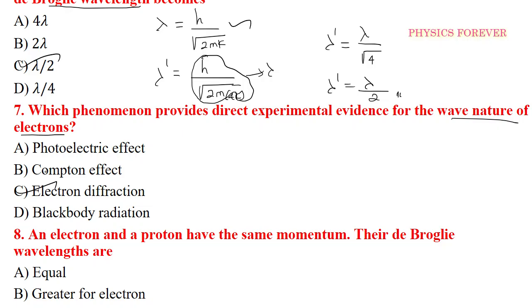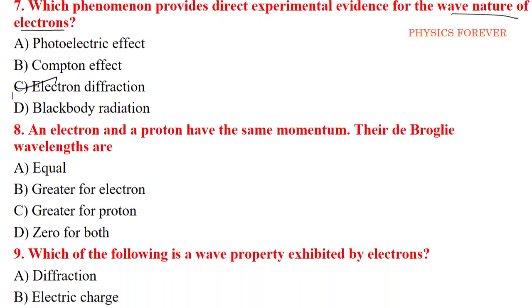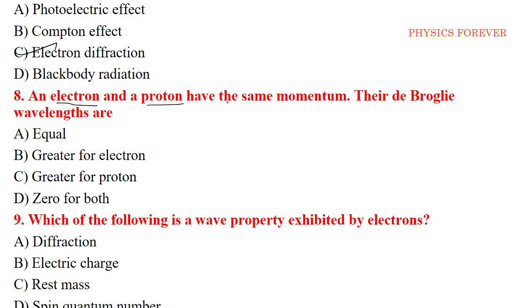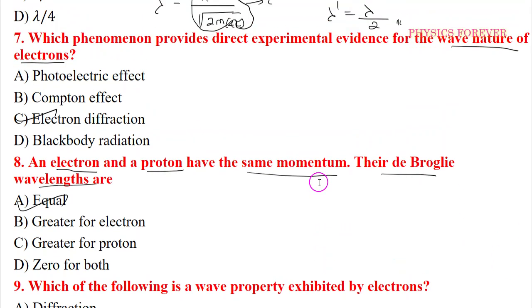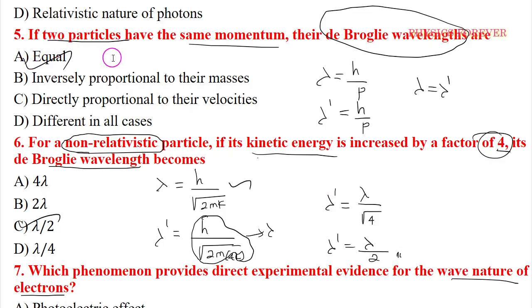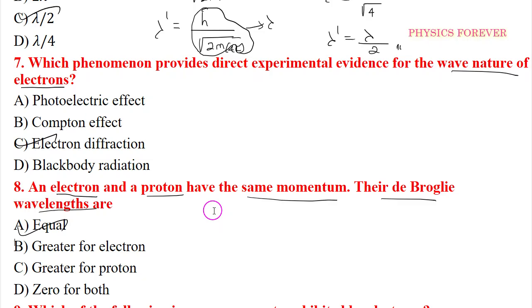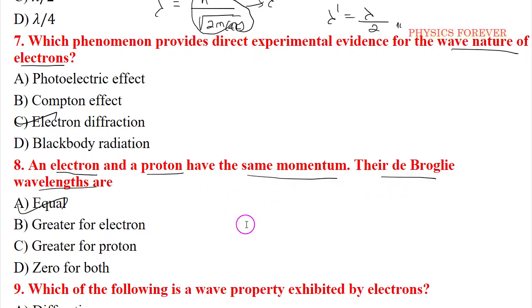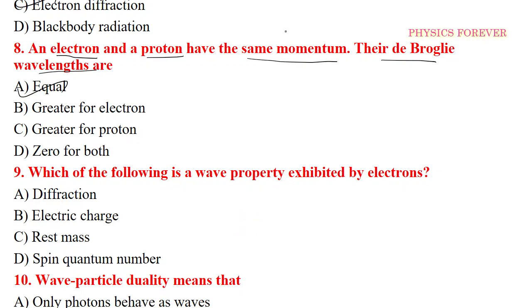If you understood the previous questions, you can answer this within a fraction of a second. Next, an electron and proton have the same momentum, so the de Broglie wavelengths are also equal. This is the same type of question, question number 5. Since lambda is equal to h by p, if the electron and proton have the same momentum, the de Broglie wavelength is also the same.